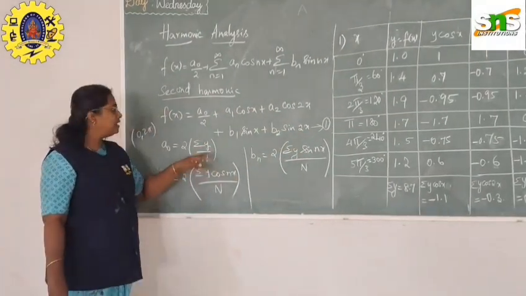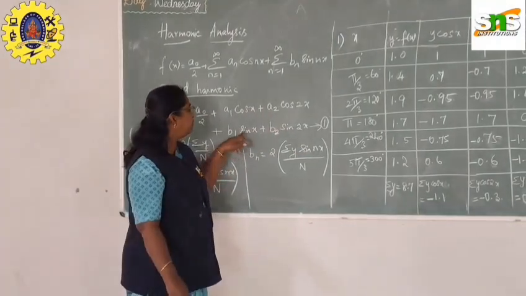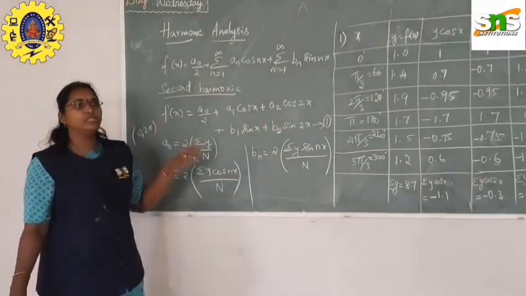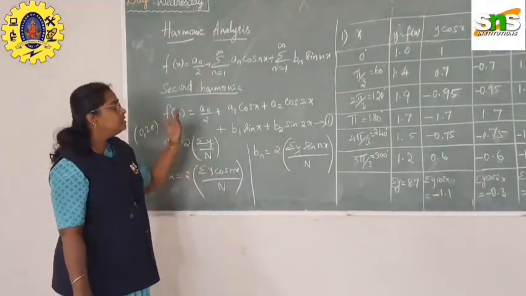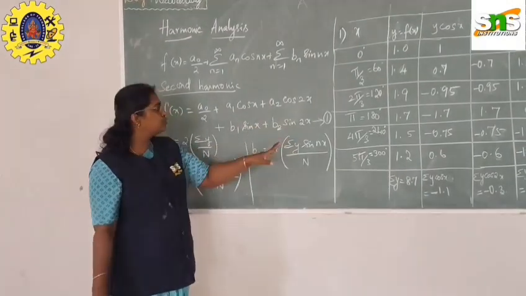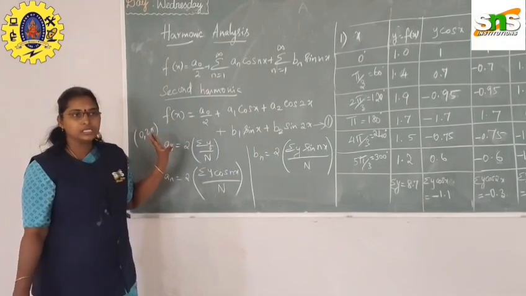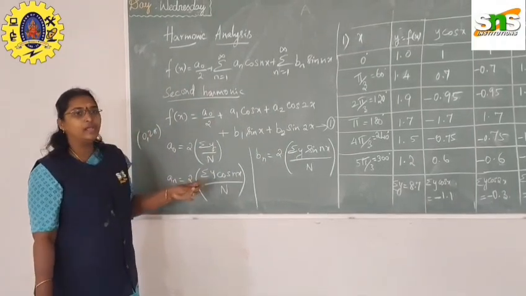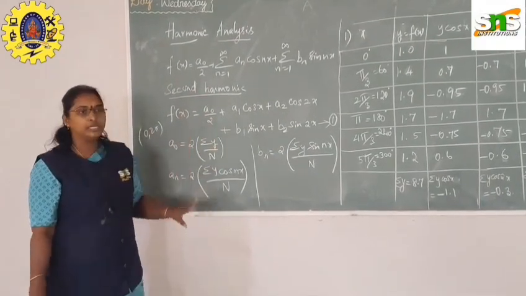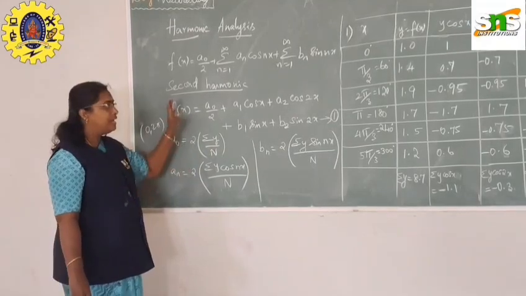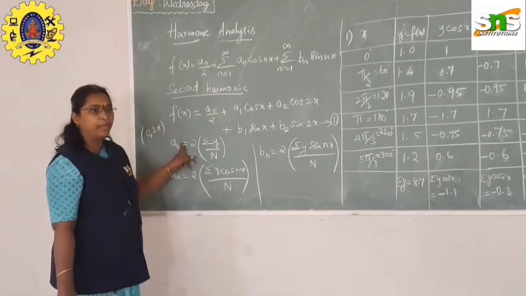Here, we need these values a0, a1, a2, b1, b2. If we know these Euler coefficients, we can calculate those values, and if we substitute here, we get the function value f of x. So how to calculate a0, a1, a2, b1, b2? We have separate formulas. I wrote this formula only for 0 to 2π.